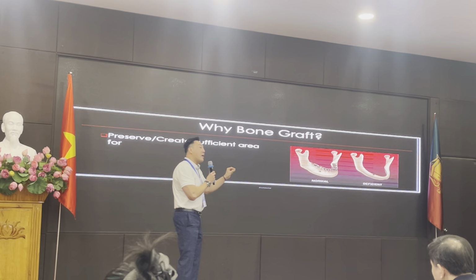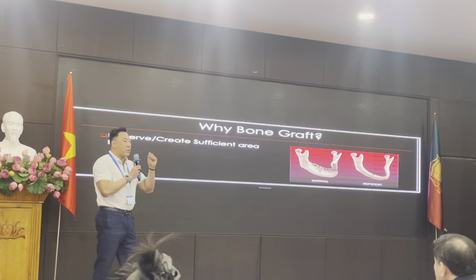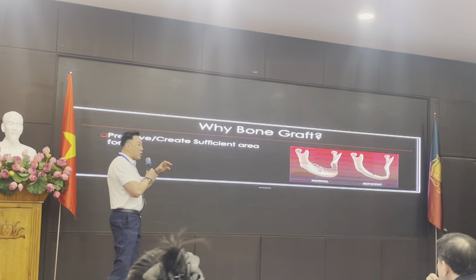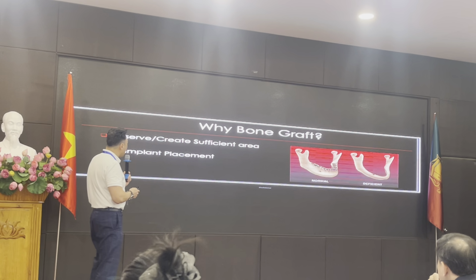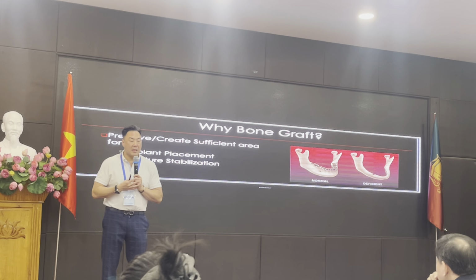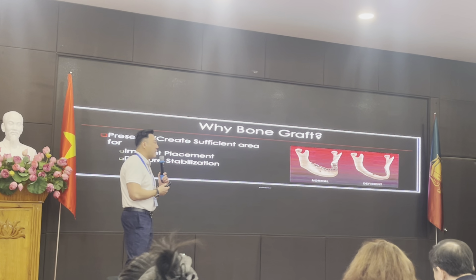The reason we graft is because we have a deficiency, right? Either to preserve or create space, to create volume, to create that foundation to be able to place implants, or to stabilize dentures if patients cannot have the implants, at least something removable, but give them a firm, stable foundation.